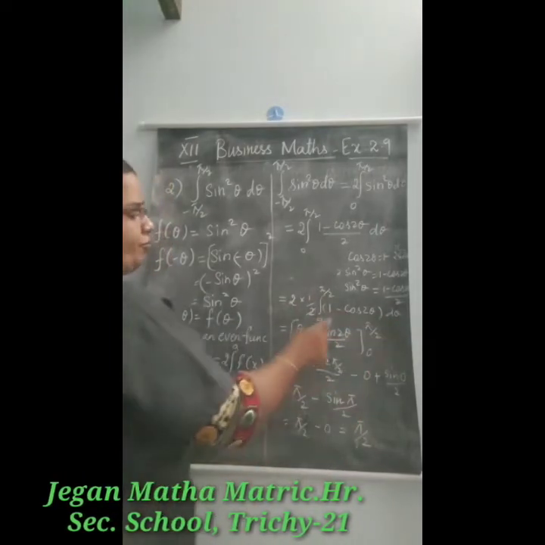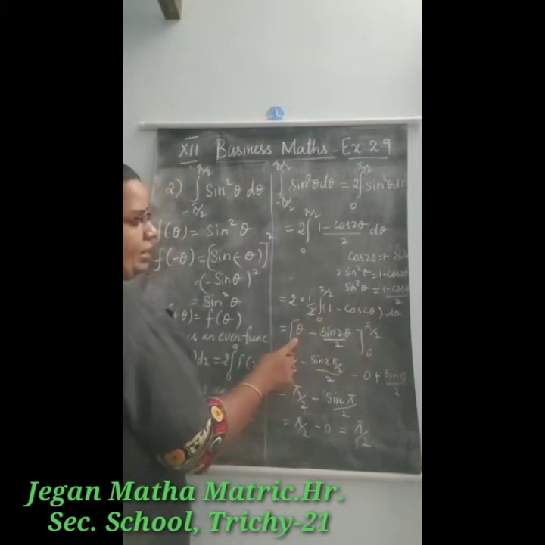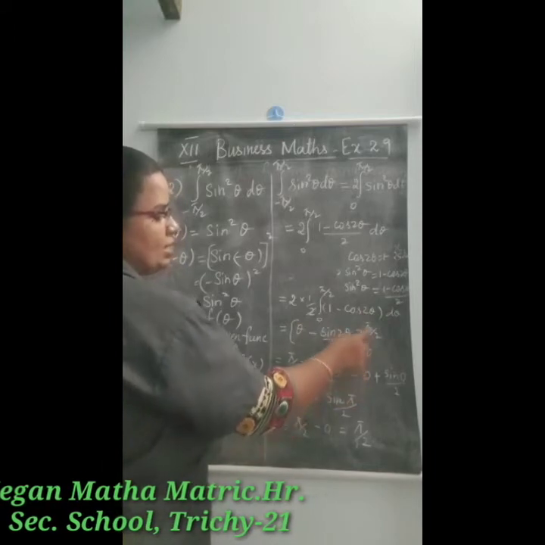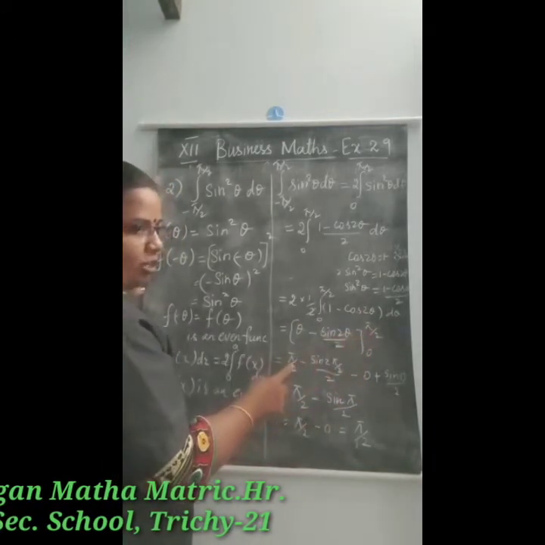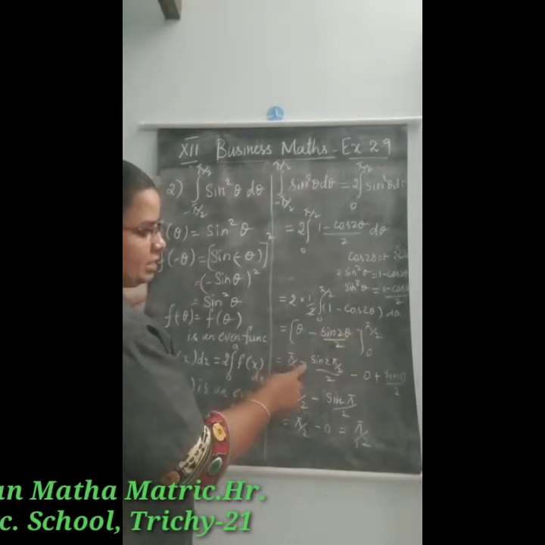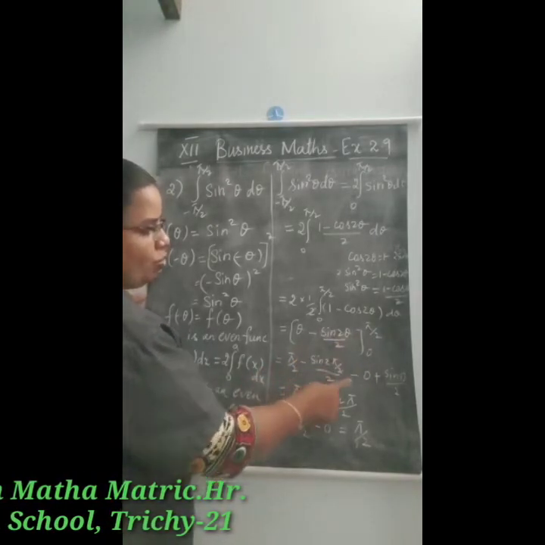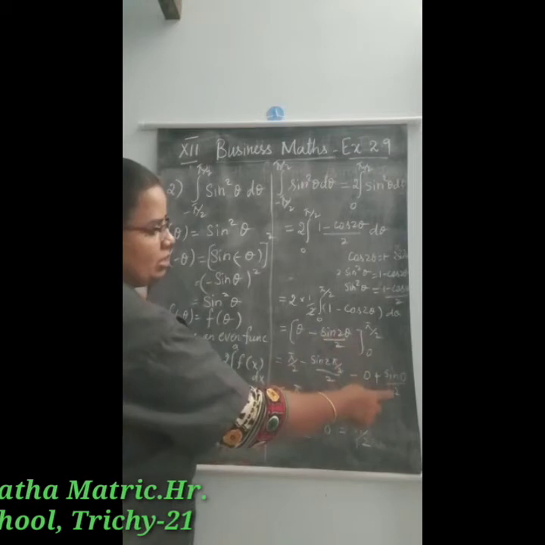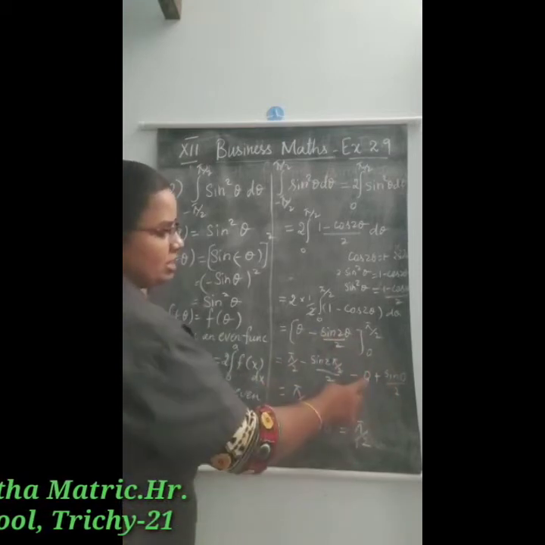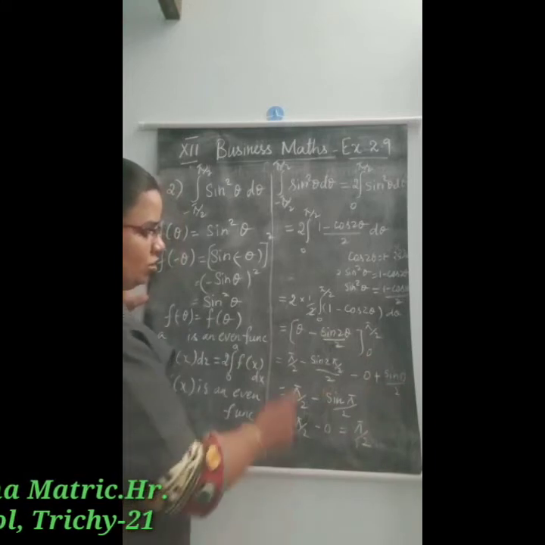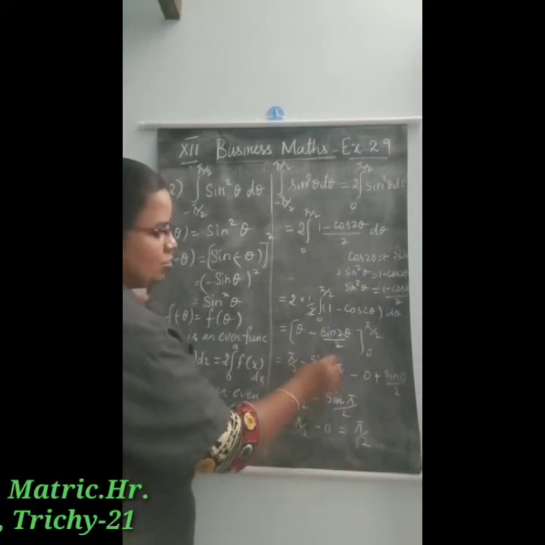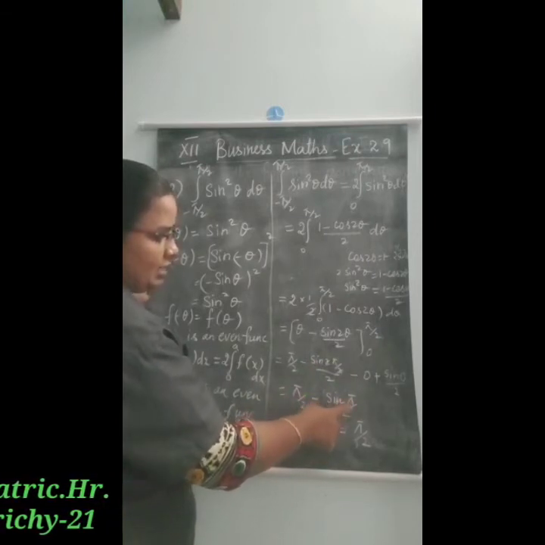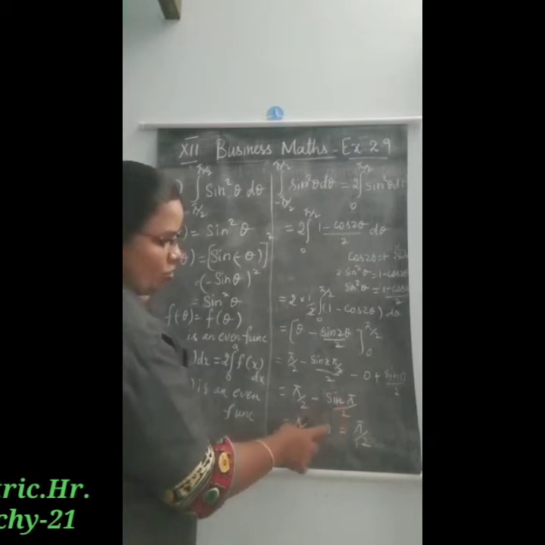If we integrate 1 dθ, we get θ. Cos 2θ integrates to sin 2θ/2. The limits are 0 to π/2. First substitute the upper limit: π/2 - sin(2·π/2)/2, minus the lower limit 0 - sin(2·0)/2. The lower limit terms are 0. The 2 and 2 cancel, so sin π is 0, and 0/2 is also 0.